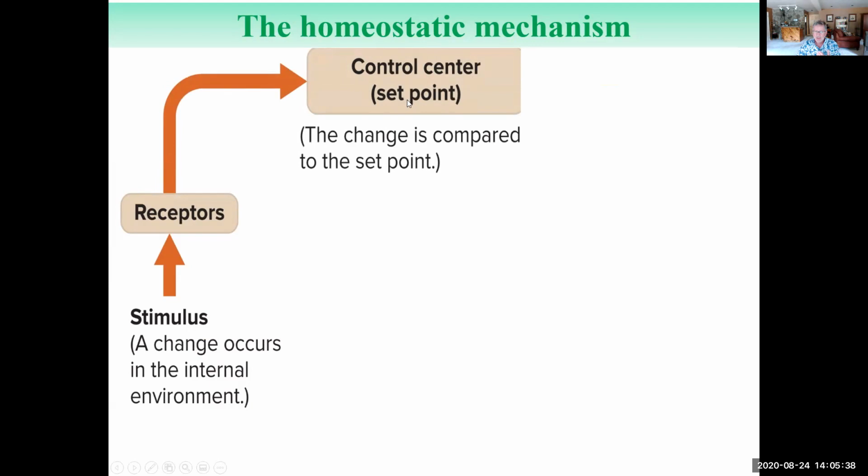It is often the brain, doesn't always have to be, but we'll think of the control center in our example for now as the brain. It often is, but there can be other control centers too in the body. And that control center has a particular set point that it is going to compare with the change that has occurred.